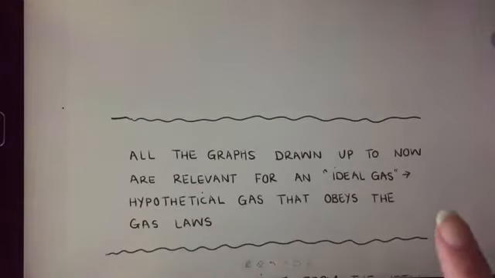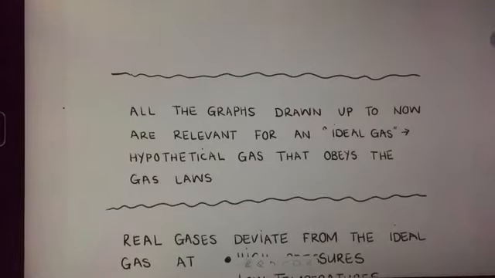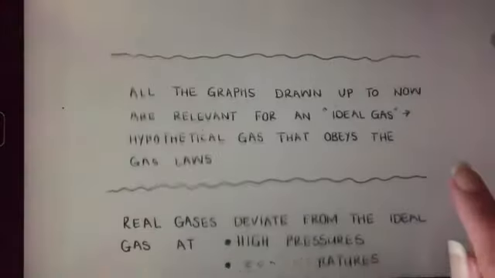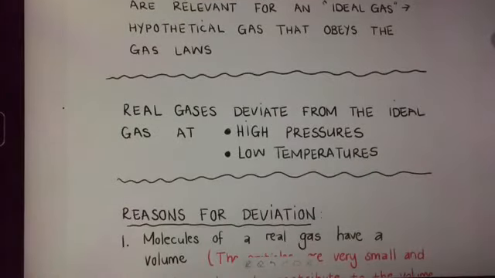Now, one thing that you need to understand, all the graphs that we have drawn up to now are relevant for an ideal gas. This is a hypothetical gas that obeys the gas laws. So if I had to go look at these graphs for real gases, I will find that there are deviations, and this is the next thing that you need to know.